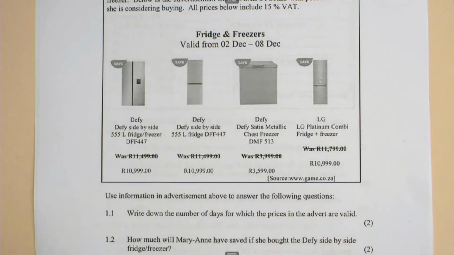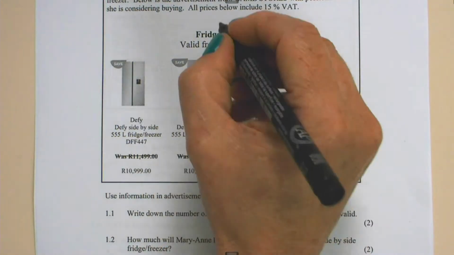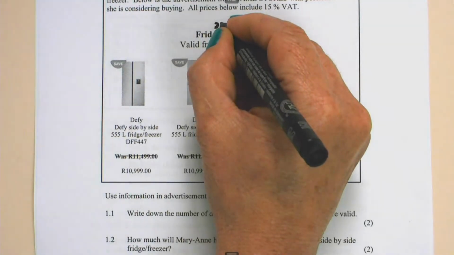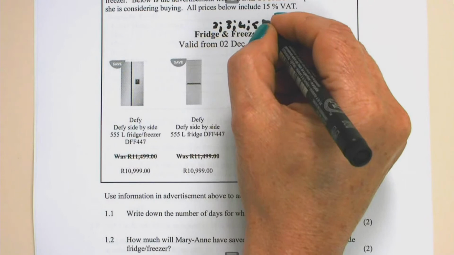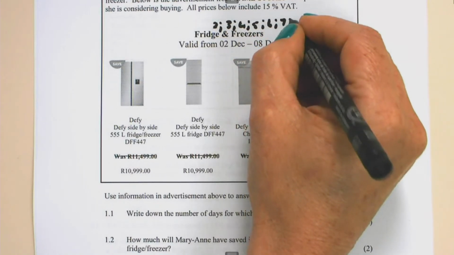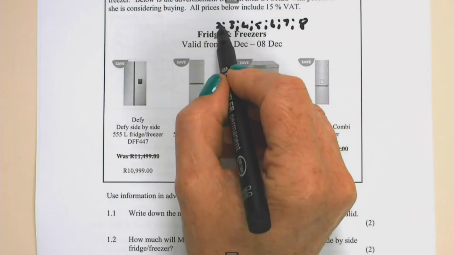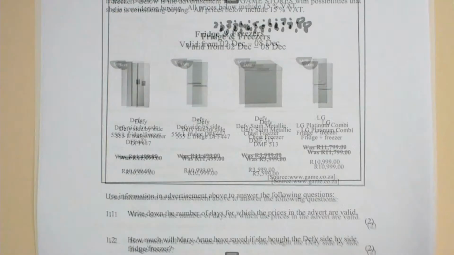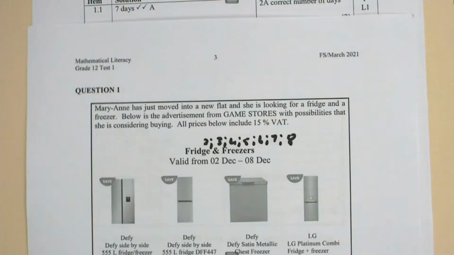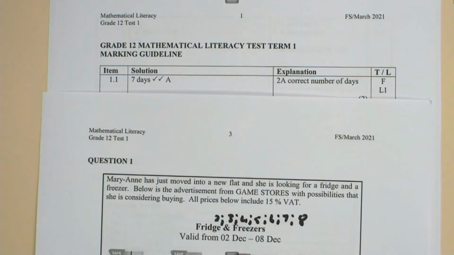So the days valid will be from the 2nd till the 8th, and if you start counting from the 2nd to the 8th, namely 2, 3, 4, 5, 6, 7, 8, you will see it's 1, 2, 3, 4, 5, 6, 7 days. So the only answer that the learners can write is 7 days.